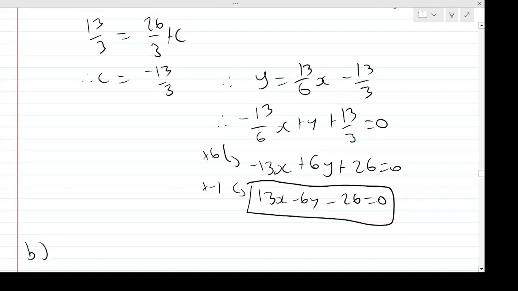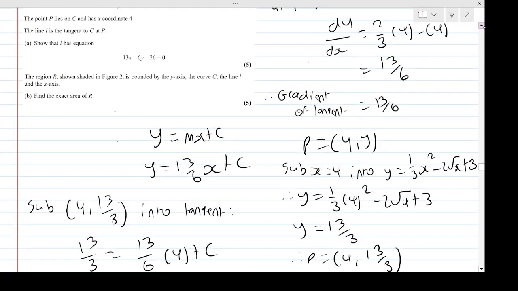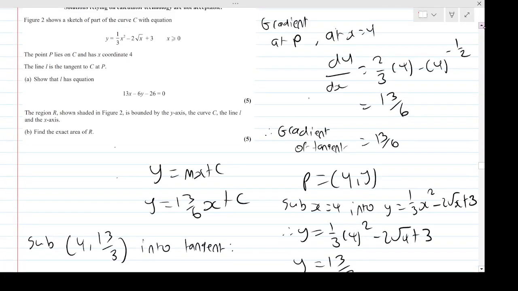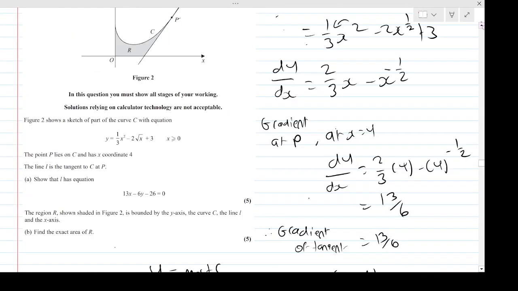Part B, the integration part now. We're told to find the region R. They've shown the region for us right here. So how are we going to work out that region R?